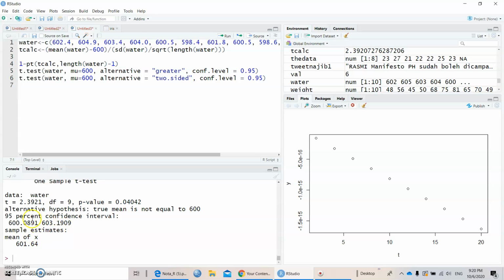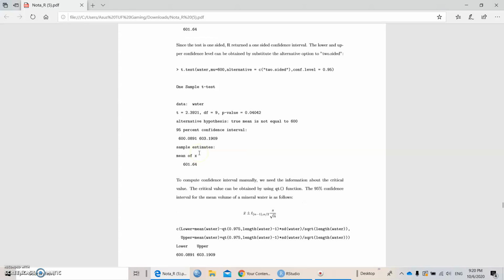So we can say that with 95% confidence, the mean of the volume is between 600 and 603 milliliters. This is how you interpret the confidence interval.